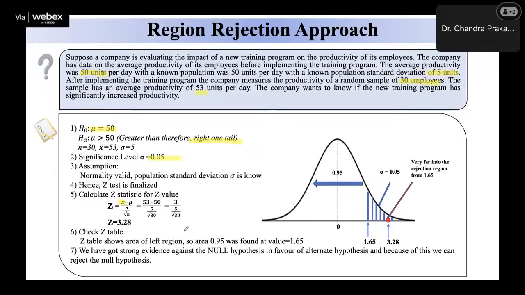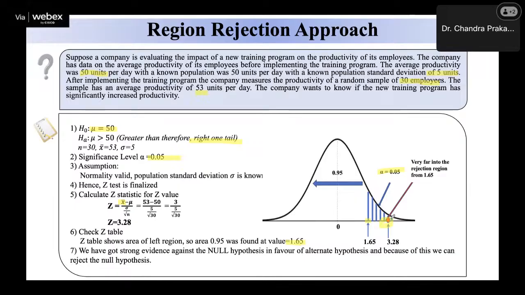The area 0.95 was found at the value of 1.65, because we want to see the significance. It is not directly mentioned, so we see where that 0.95 is, because that is my significance level. So it came out to be 1.65. We do reverse engineering over here. So 1.65 is over here, while the Z value is 3.28.